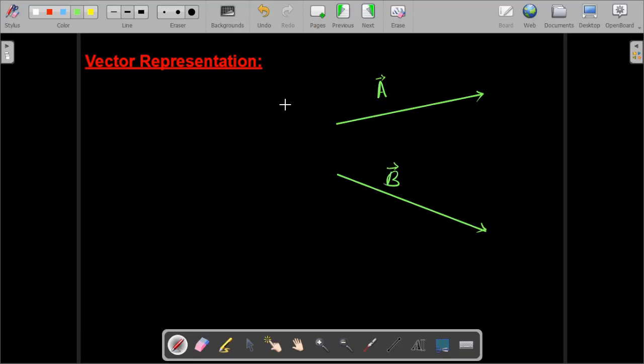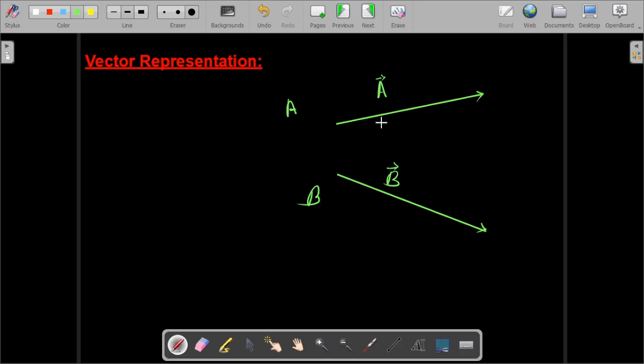Suppose if you don't put arrow sign, they do not denote vector. They denote a value. So arrow sign denotes the direction.